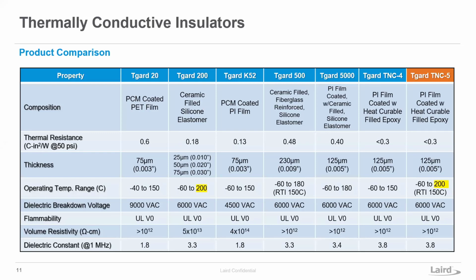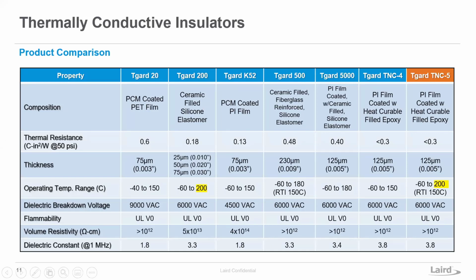And then we have the more traditional ceramic-filled silicone elastomers, which is the traditional thermally conductive insulator pad. And then finally, at the end, we have a dual purpose insulator adhesive film. It's an epoxy film that can be used to bond the power component down to the heatsink.